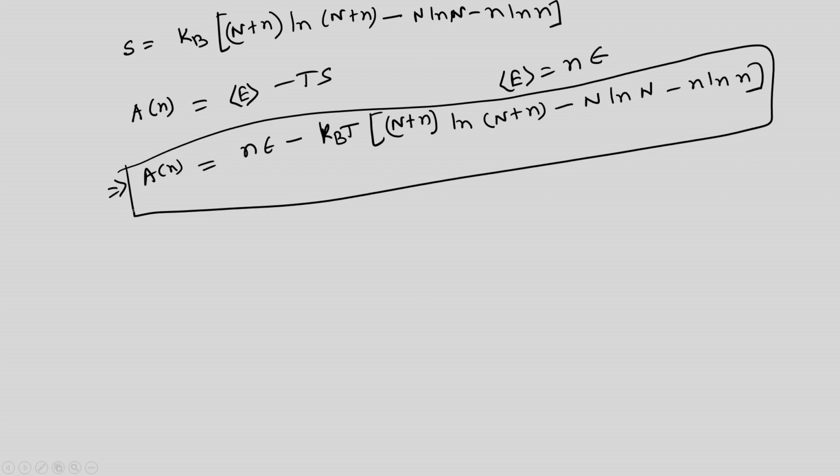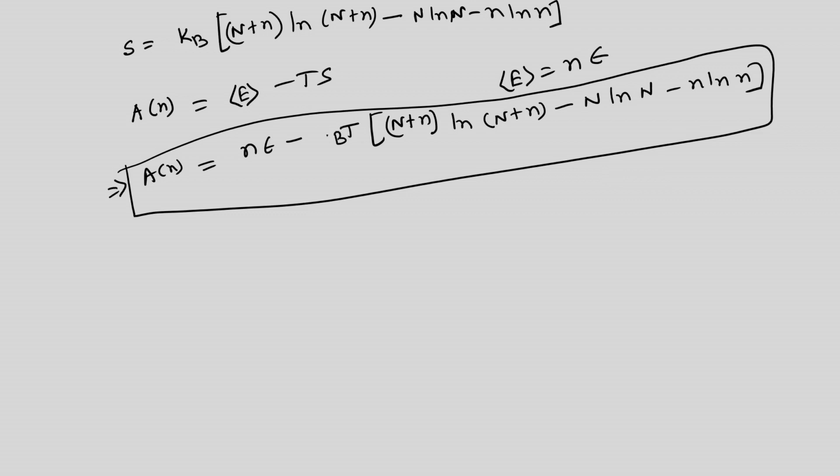So, Helmholtz free energy A, which is a function of n, is n times epsilon minus kBT times (N plus n) ln (N plus n) minus N ln N minus n ln n. So, this is the expression for Helmholtz free energy.